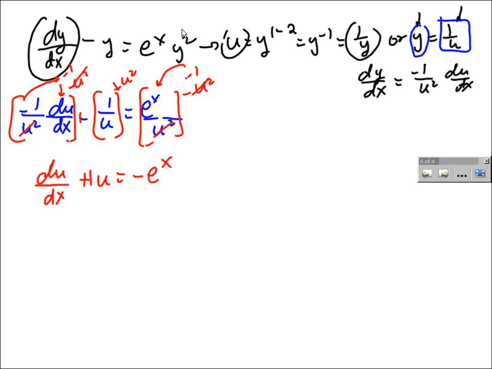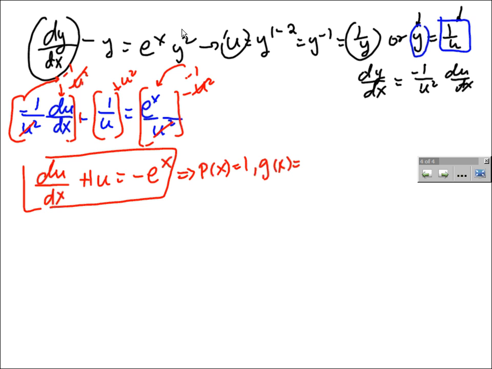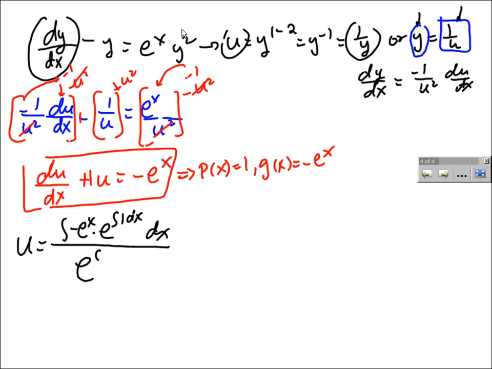There's an understood 1 here. That tells me this here is linear, where p of x is 1, and g of x is negative e to the x. Wonderful, I know the answer to this already. U is equal to the integral of g of x times e to the integral of p of x dx, over e to the integral of p of x dx.